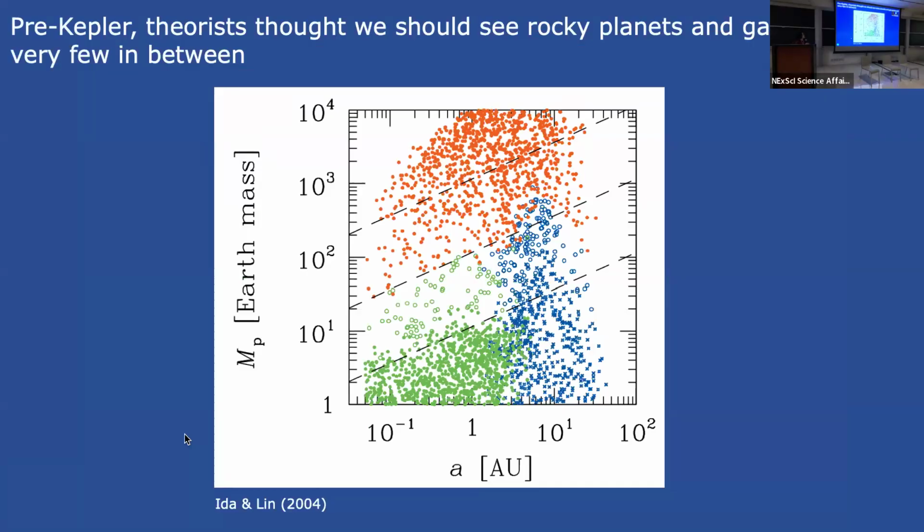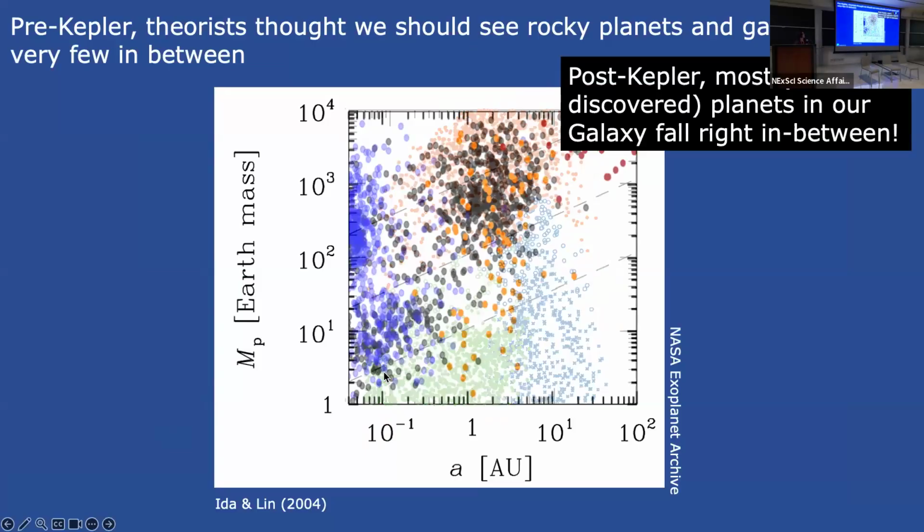Pre-Kepler, this is one of the very first population synthesis models, and I believe you probably saw the modern version of this yesterday, and I think you will delve more into this today during the hands-on or throughout the workshop as well. But anyways, this is one of the very first. So theorists back in the day thought that we should see the rocky planets, the gas giants, and very few things in between.